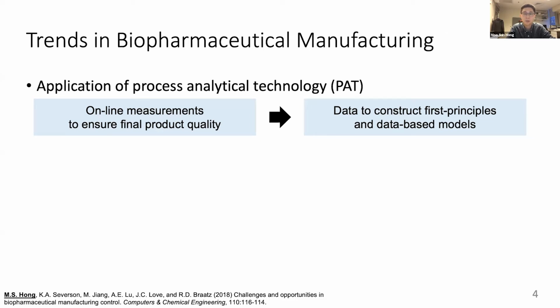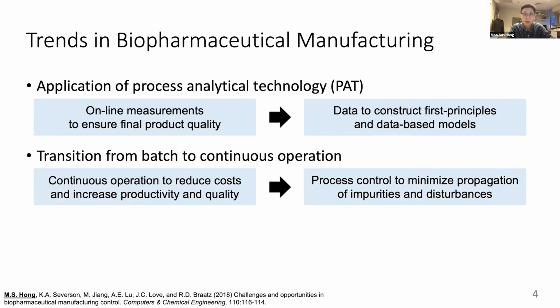Depending on the process understanding, these data have been used to construct first principles and data-based models for each of the unit operations in the system. Another trend is a transition of many processes from batch to continuous operation. This is for reducing manufacturing costs and increasing productivity and quality. However, continuous manufacturing processes also provide new process control problems. The continuous processes have to handle the propagation of impurities and other disturbances caused by the tight integration of those unit operations.